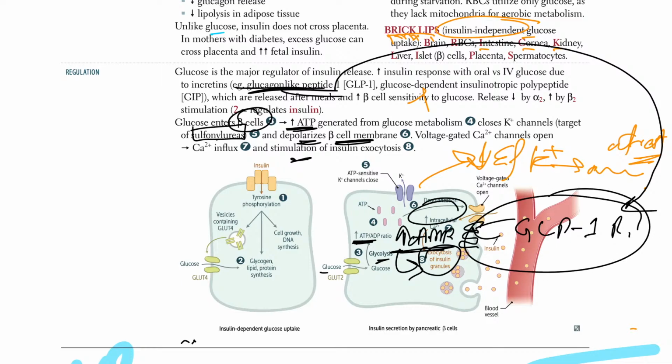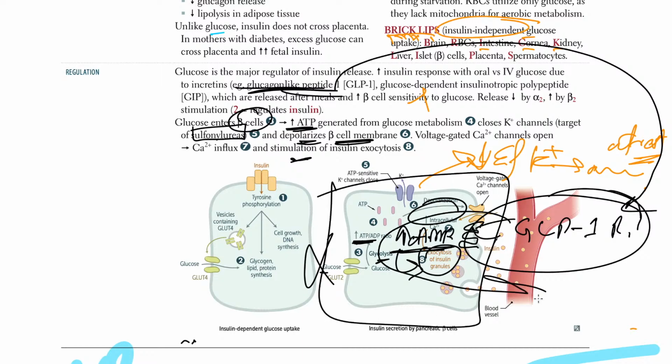So you see how GLP-1s work irrespective of glucose levels or anything. They're just going on the pancreatic beta cell, causing more and more insulin release. No wonder there's weight loss with these drugs.